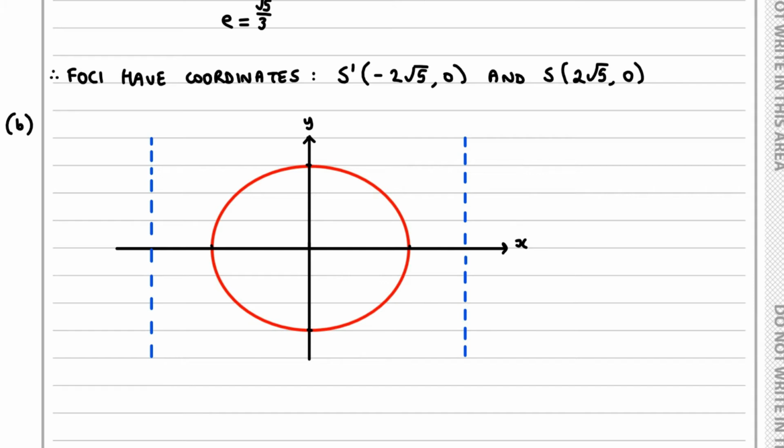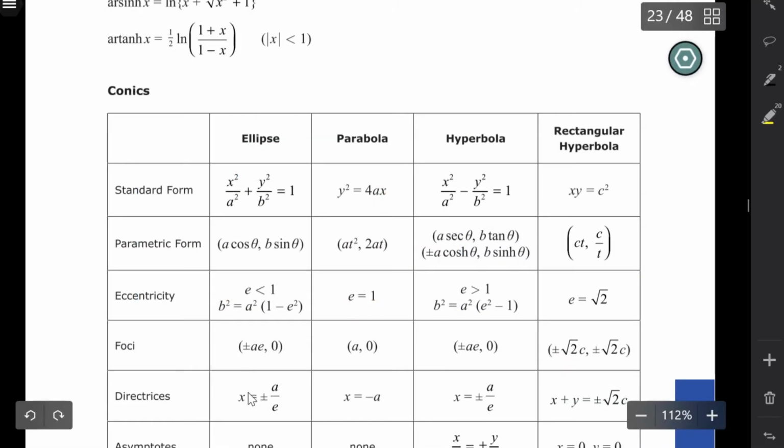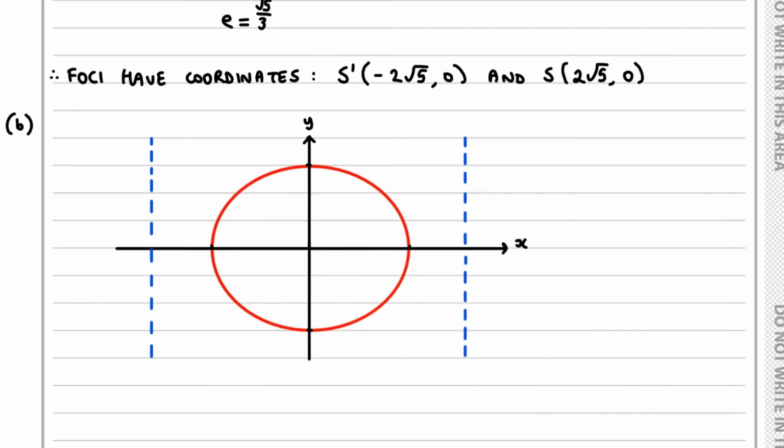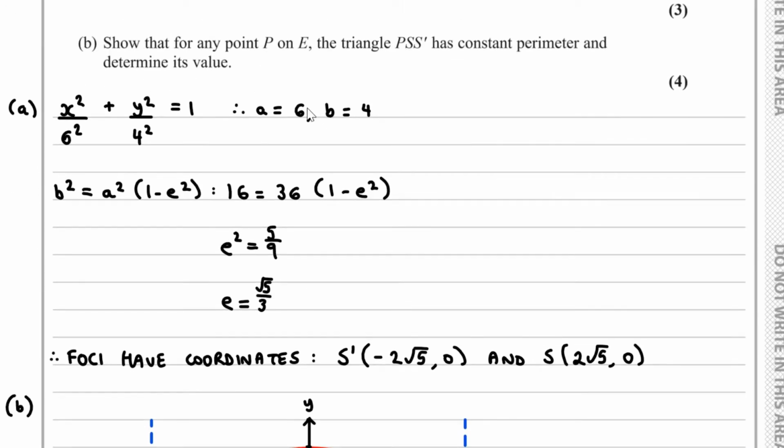So first of all, the directrices, if we go back to the formula book, that's given by x equals plus or minus a over e. So we've got over here x equals the positive of a over e, so we've got 6 over root 5 over 3.